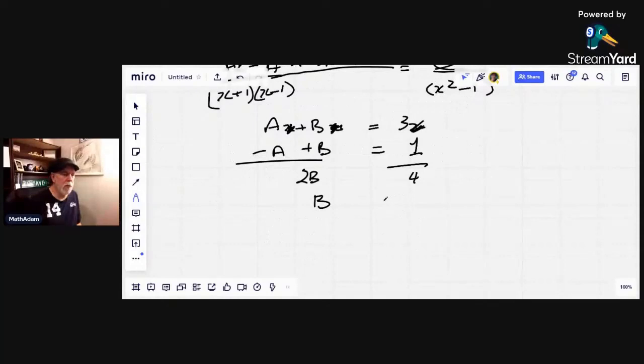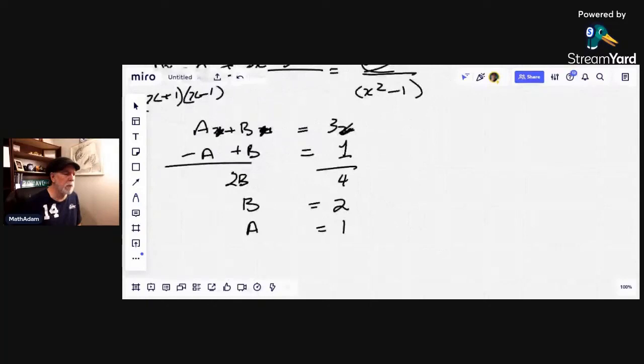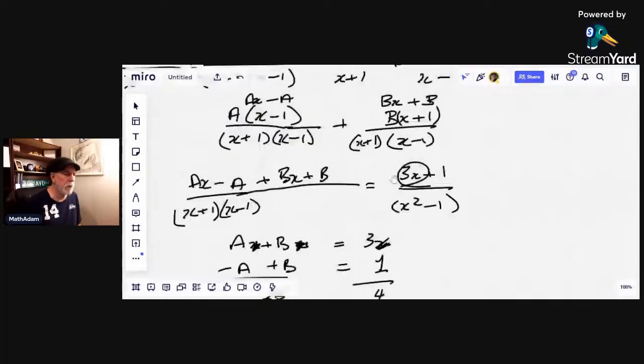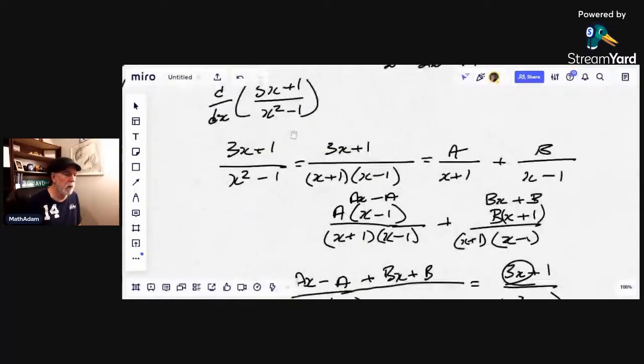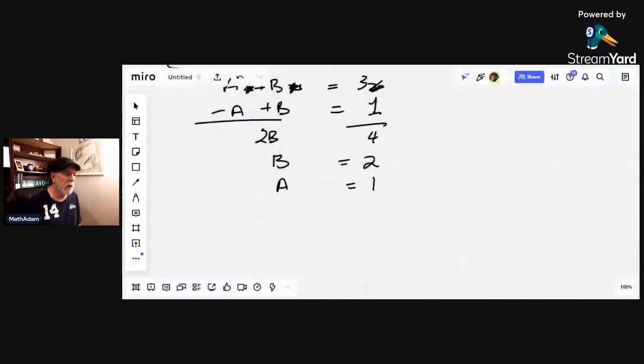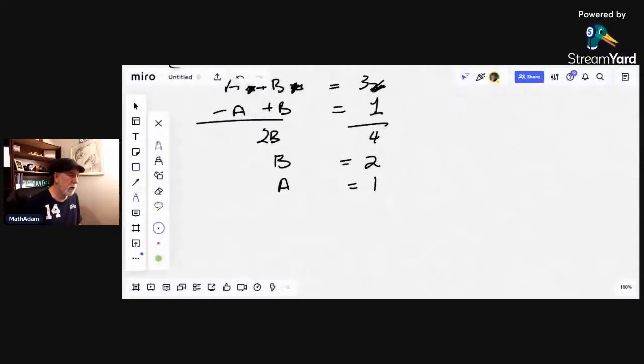So b equals 2, which means that then a has to equal 1, okay? A equals 1. Now let's rewrite our original expression, and I'll write it again here so we can see it. Remember, we've just broken this up into partial fractions.